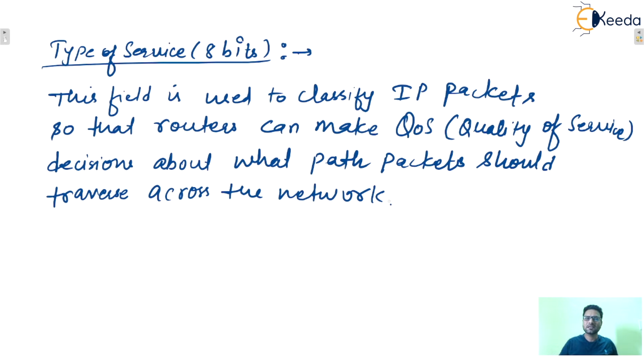That decision is taken care of by the type of service. This field is of 8 bits, and every bit includes some criteria or factors. Let's say all 8 zeros represents that this packet must be traversed through a high bandwidth link. 00000001 means this packet should be traversed through a low bandwidth link. So this will depend on the type of service, and it will be helpful for the routers.